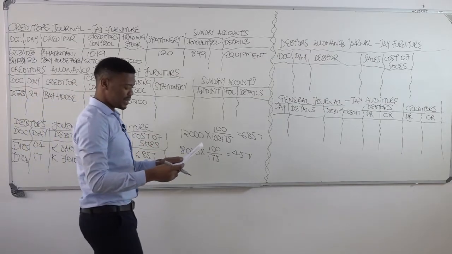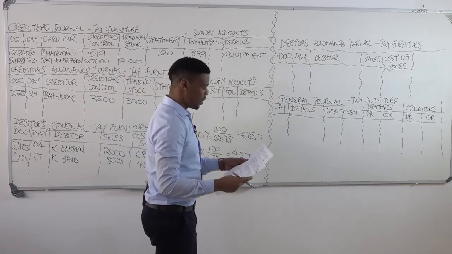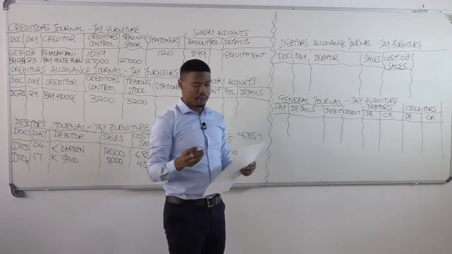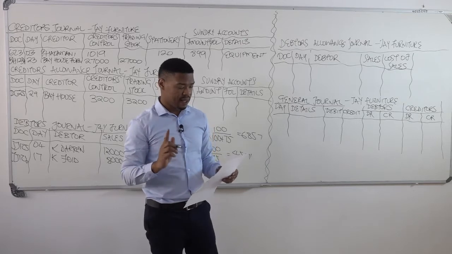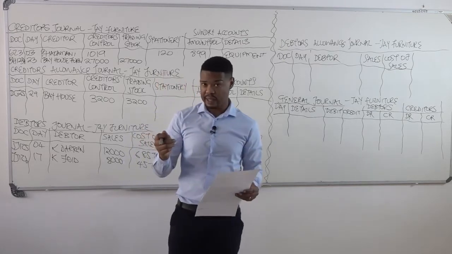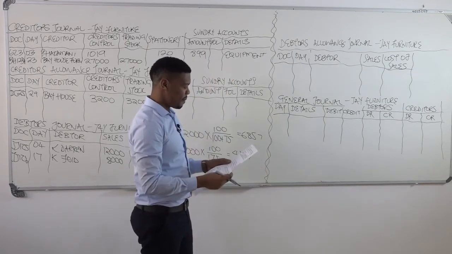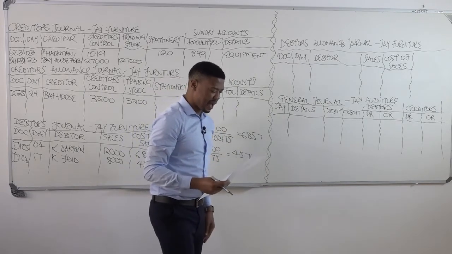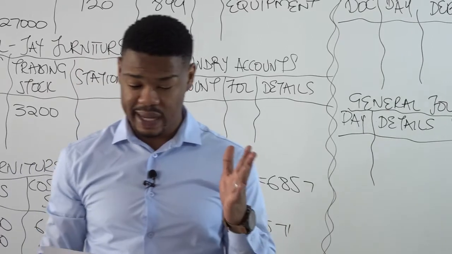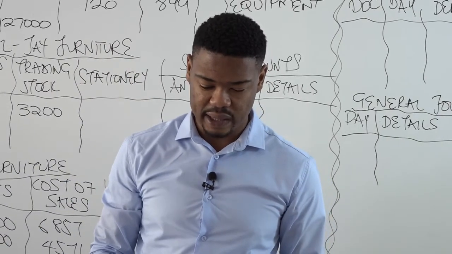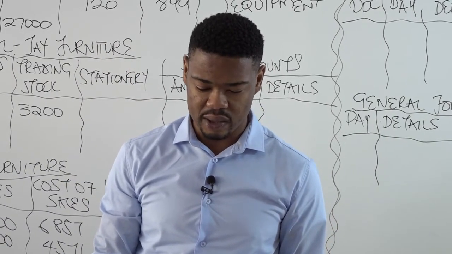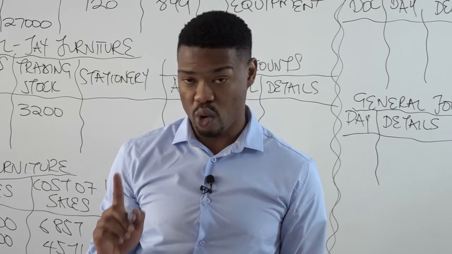We'll move on to the debtors allowances journal, and for that you will look at your duplicate credit notes. Remember, these are issued to our customers that had bought on credit and are now returning for some reason. The first one that we have there is DR71, issued on the 19th of September to K Zoid. The amount is 1,000, one chair not ordered by the customer.